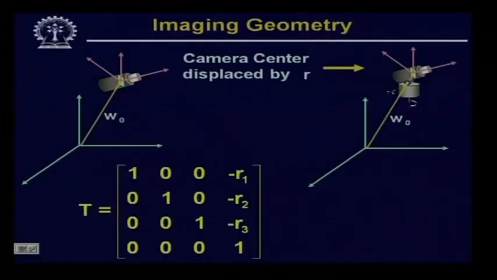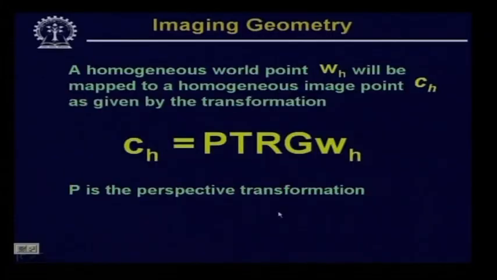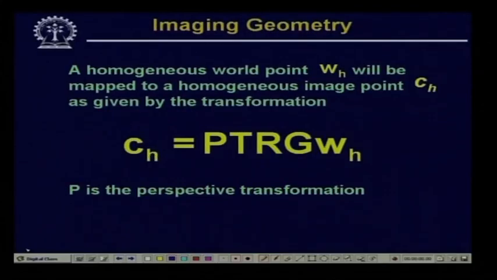If I apply all these transformations one after another and I represent the 3D world point W by the corresponding homogeneous coordinates W h, then these transformations T, R and G taken together on this homogeneous coordinate W h give you the homogeneous transformed point W as seen by the camera.